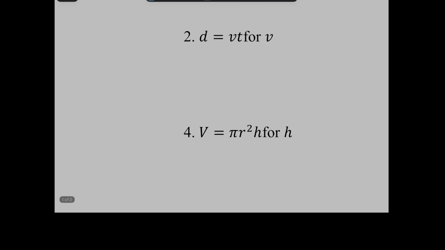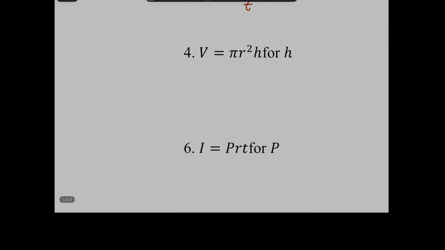D equals VT, solve for V. Okay, well, let's just divide each side by T. That'll cancel that out, and I'm left with V equals D over T. Okay, now V, that's volume, equals pi r squared h.